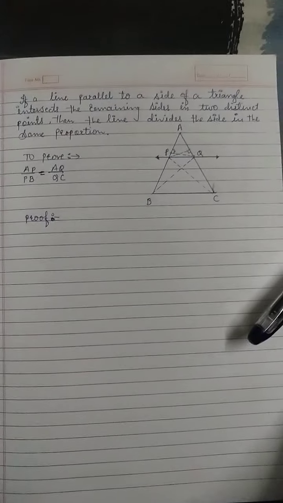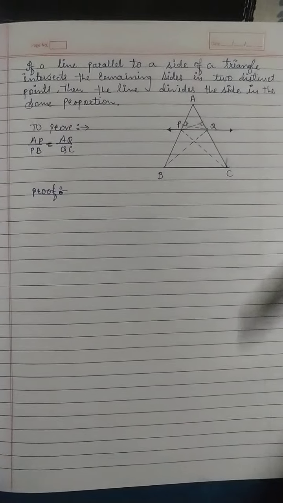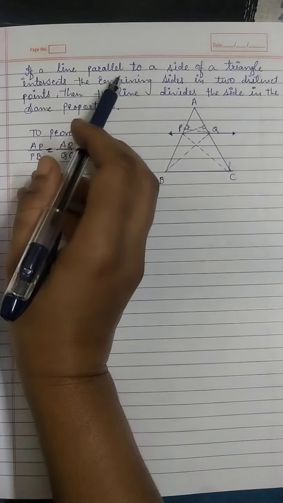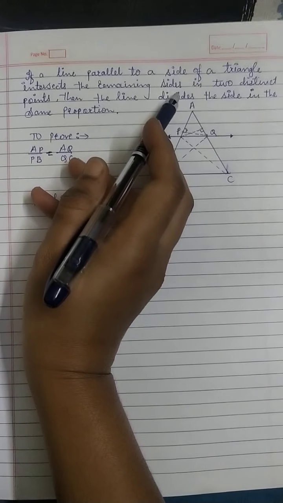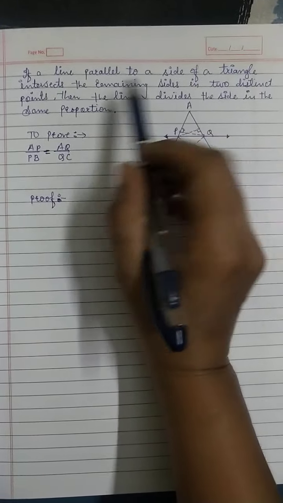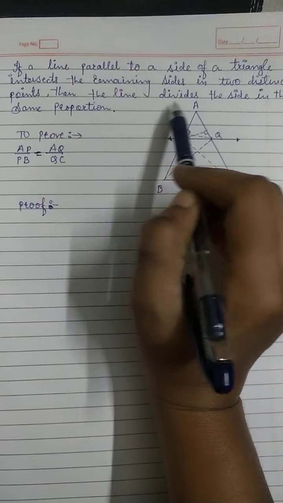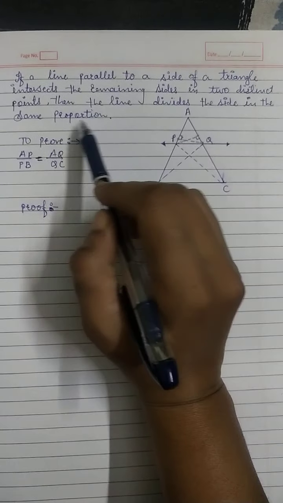As you all know, the statement is: if a line parallel to a side of a triangle intersects the remaining sides in two distinct points, then the line divides the sides in the same proportion.